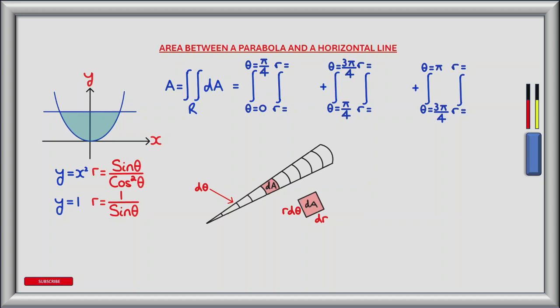Within the sector, we have infinitesimally small pieces of area denoted by dA. The size of each area is the length multiplied by the width. So in this case, dr is the length and r d theta the width. And so dA is equal to r dr d theta. To find the total area of the sector, we integrate or sum in the r direction.